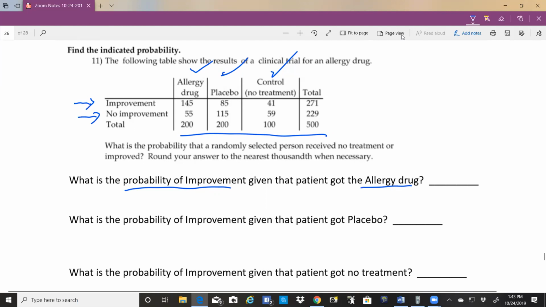Okay, now let's do the very first one here. What's the probability that a randomly selected person received no treatment or improved? Well, those who received no treatment are these, and those that improved are these.